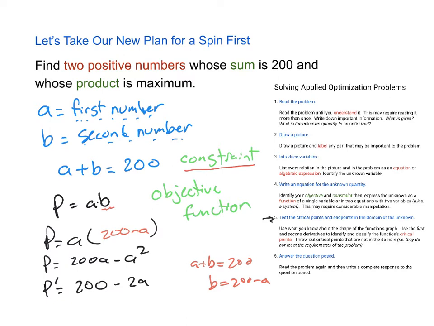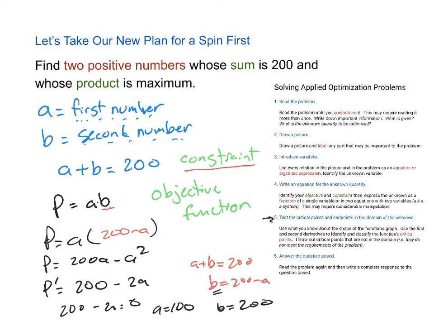And for critical points, I will set this equal to 0. So 200 minus 2a equals 0. I think you'll agree that means a equals 100. And if a equals 100, that means b must also equal 100, because b is 200 minus a.